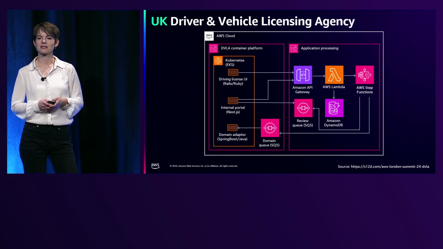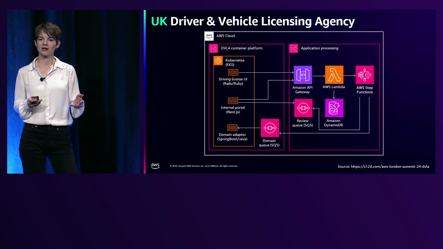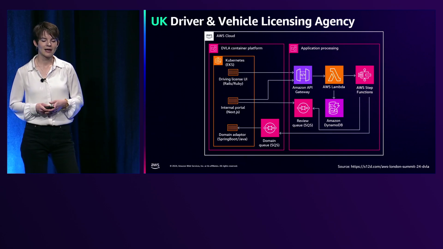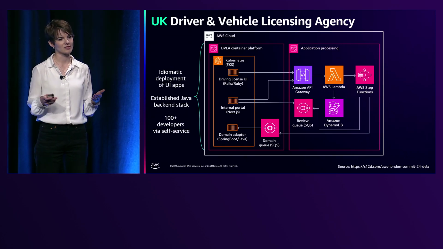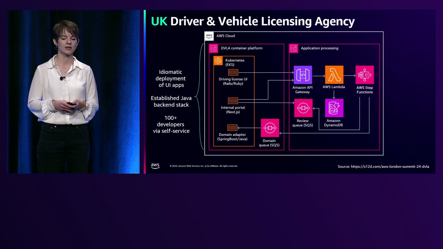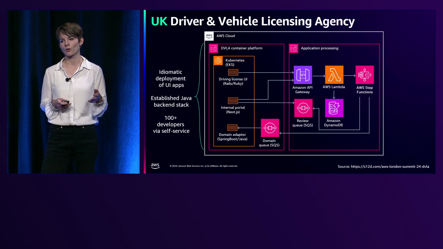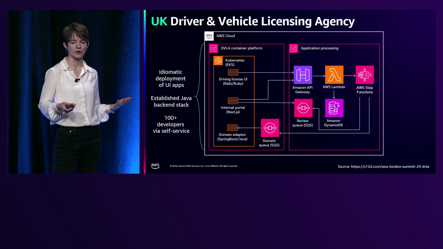Now, the interesting thing is that they've taken both approaches where it makes the most sense within their architecture. So first off, they have a containers platform, again using Kubernetes and EKS. And what they've done here is they've built very standard components for some of the type of applications that they need to run. So they have a standard component for the way that they run UIs with Ruby on Rails.